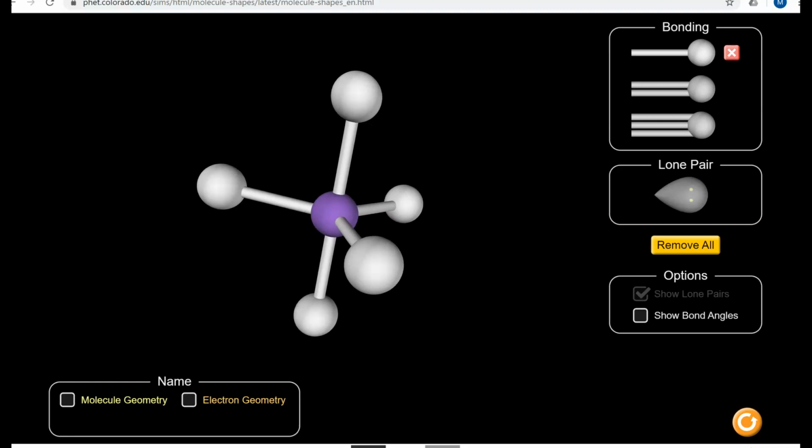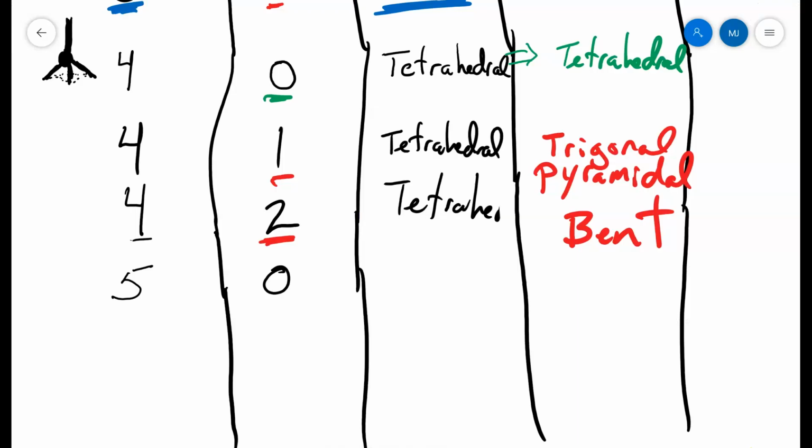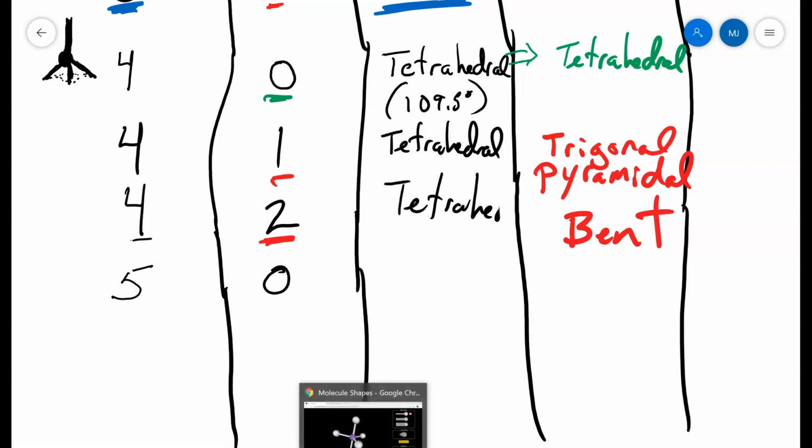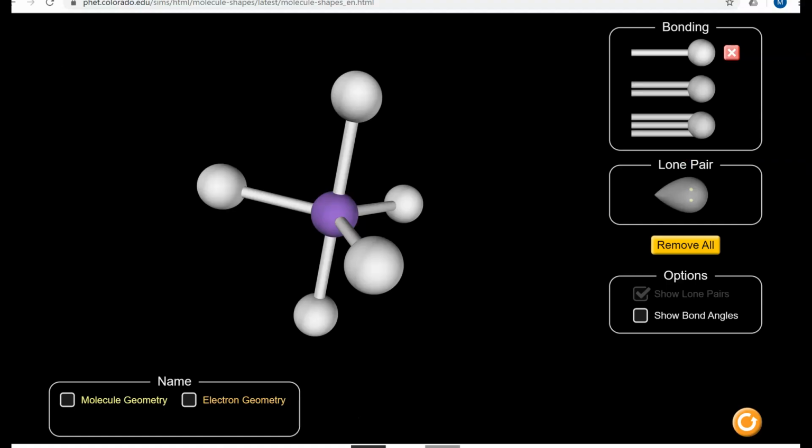Now, let's jump to my table first. Tetrahedral is 109.5 degrees between bonds. I should have put that in. Now, back to trying to visualize this one. There's a difference in positions.